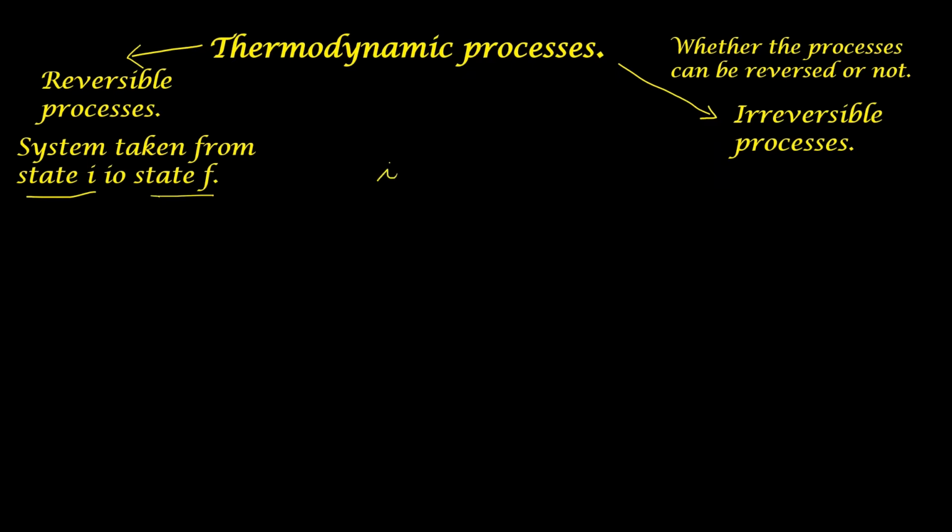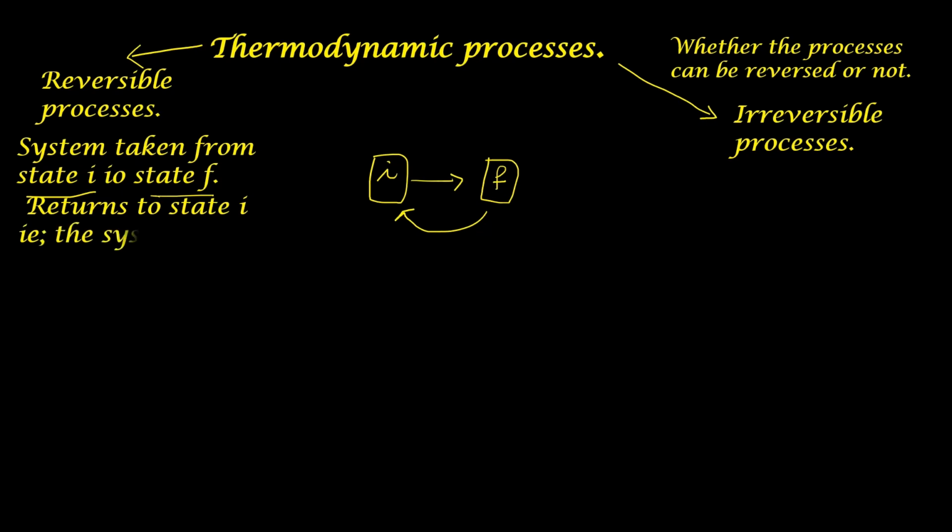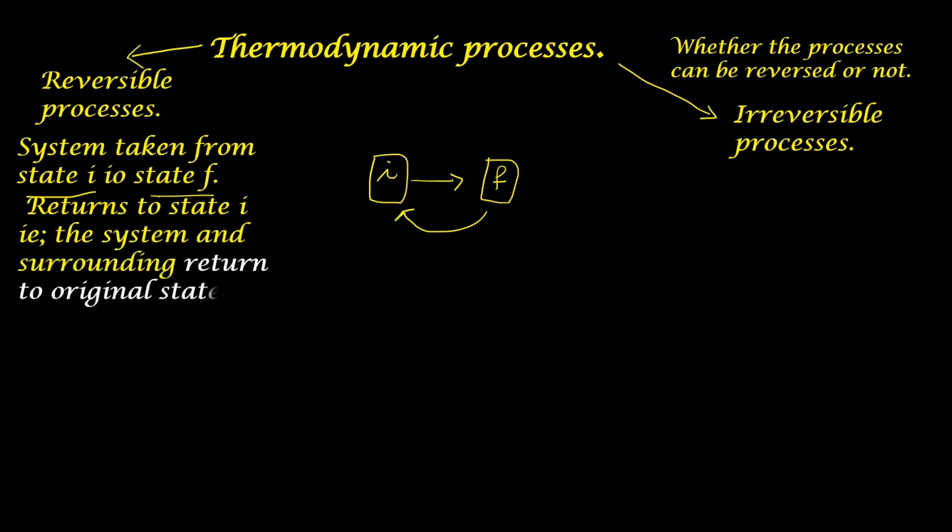This is initial state, and from that it is taken to final state. The final state can be reversed to the initial state, and there should not be any change anywhere in the universe. If a process takes place in this method, then it is called a reversible process. That is, the system and the surrounding return to the original state with no change anywhere in the universe.